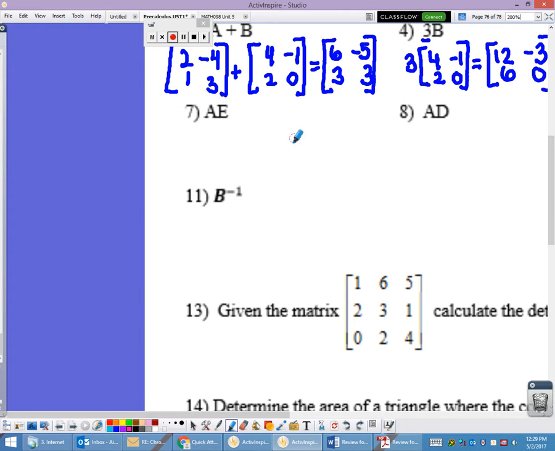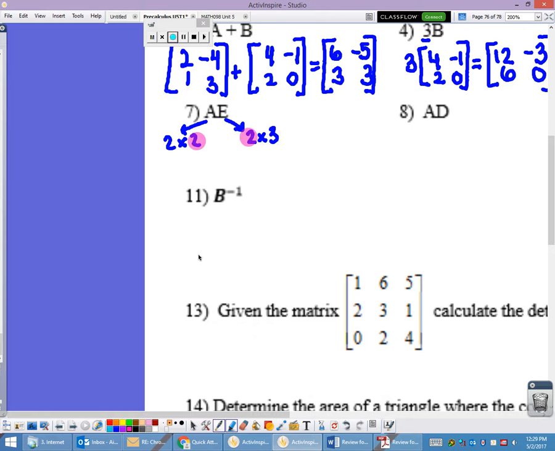Now we are multiplying A times E. So let's check first to make sure that this is even possible. If I look at matrix A, that is a 2 by 2 matrix. And matrix E is a 2 by 3 matrix. So again, we have to ask ourselves, does the number of columns in the first matrix match the number of rows in the second matrix?